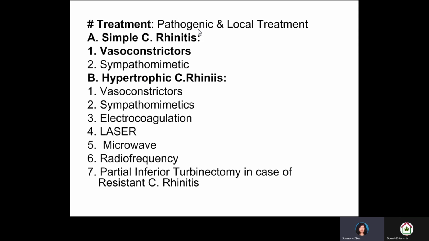Along with that, we use electrocoagulation, laser, microwave, radiofrequency, partial inferior turbinectomy in case of resistant chronic rhinitis. So in case of resistant chronic rhinitis, when it is not responding to the classical therapeutic drugs, then we might have to go for surgical ways. So what is the surgical ways? So these are partial inferior turbinectomy or the removal of the turbinates, inferior turbinates. Okay.